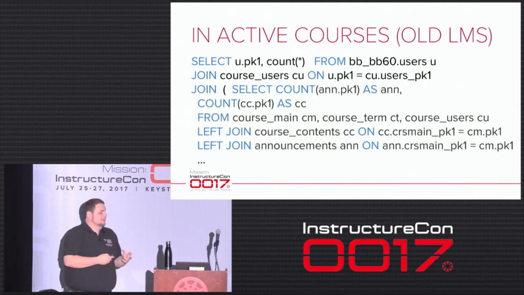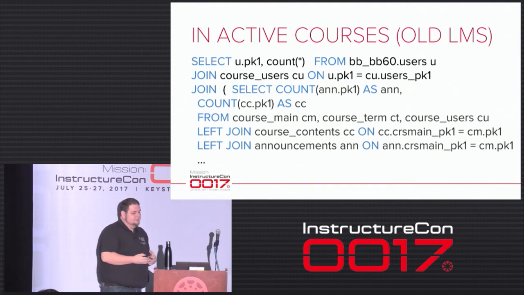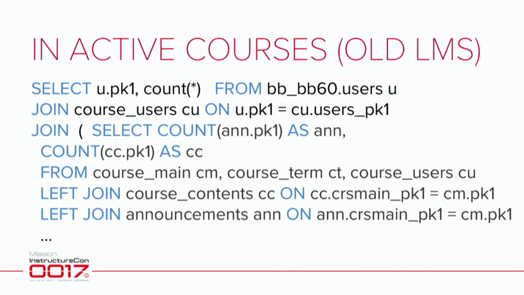Another query I used was to find the people who are in active courses in Blackboard, and these queries work in much the same way that the Canvas queries do, except the tables are laid out a little bit differently. There are just two that I looked at for the criteria of content creation in Blackboard. There's an announcements table.